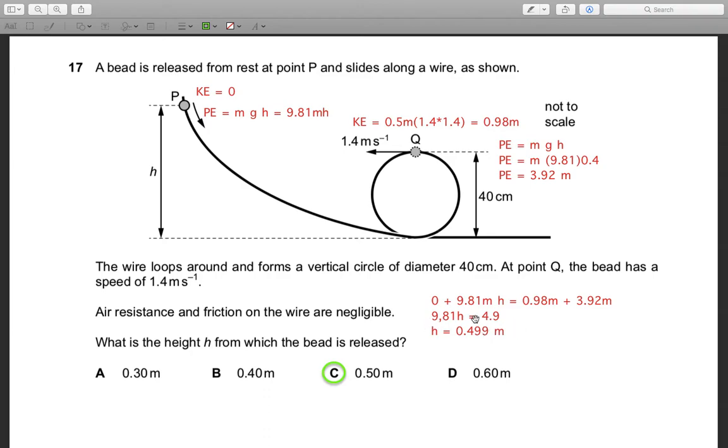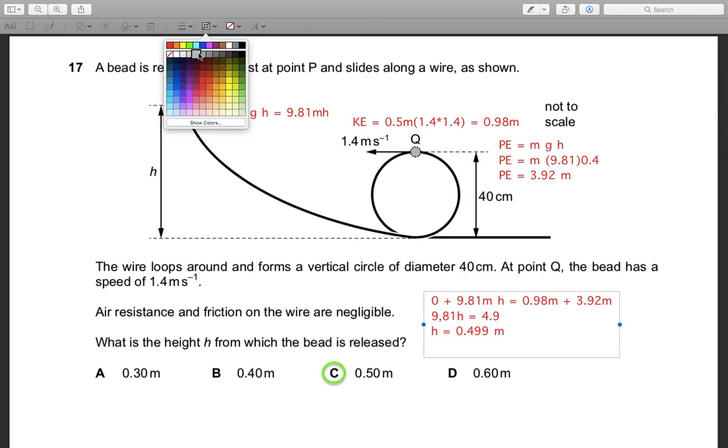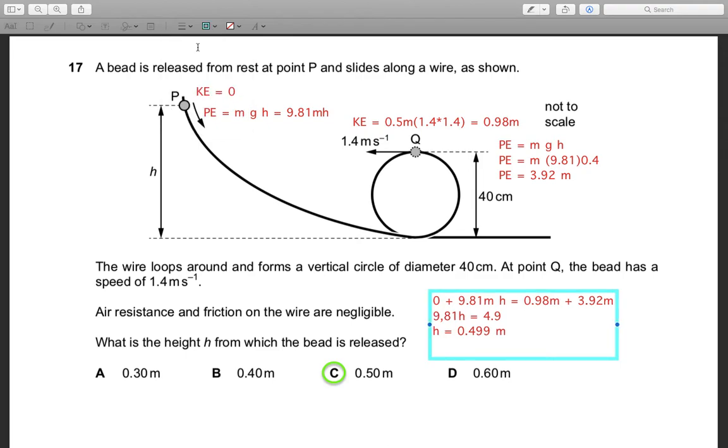After we calculate and simplify, we get 9.81 h equals 4.9. And then finally, h is around 0.499, which if we round off is around 0.50 meter.